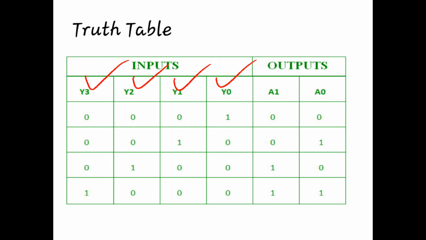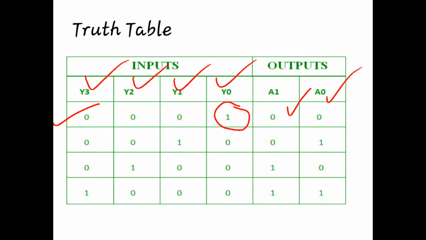So if we talk about this particular row here, the y0 input line is active, which will generate the code over A0 and A1. So the code is 00.